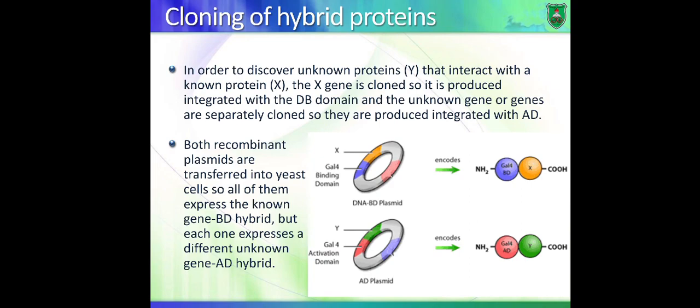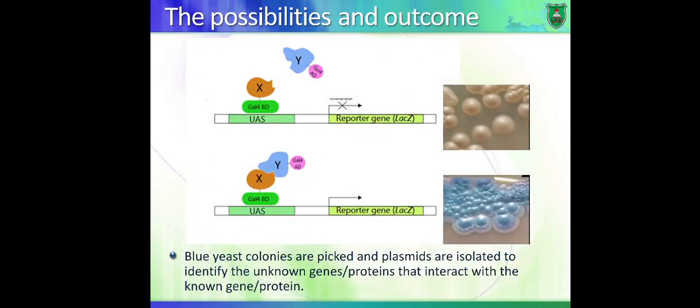So, the idea here is that if X, which I know, interacts with Y, which I don't know, then the binding domain and the activation domain are now close to each other, and you can have the activation domain interacting with the RNA polymerase, inducing transcription of the reporter gene.